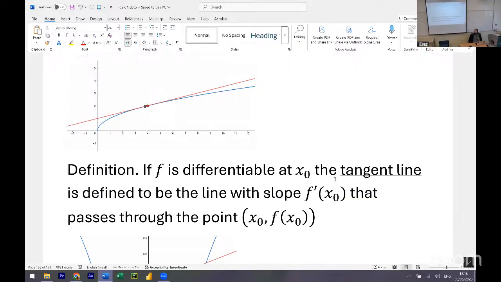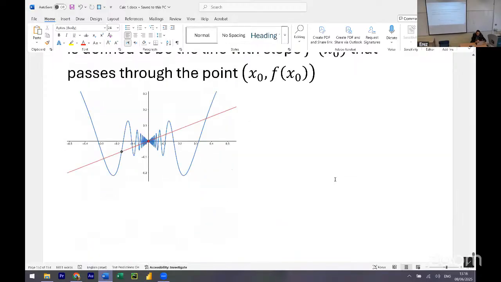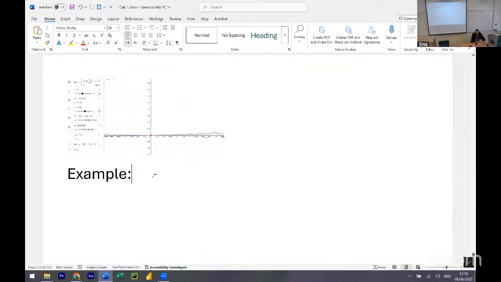We first define the so-called slope of the function, the derivative, and then we say the tangent line is the line with the same slope. It does not fit perfectly with the philosophical idea, but good enough.